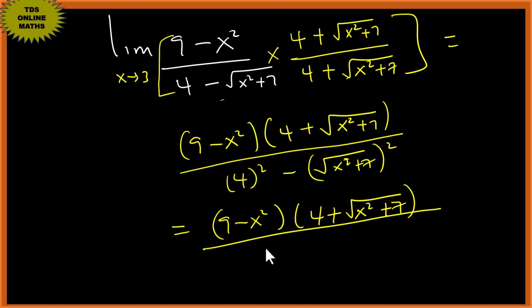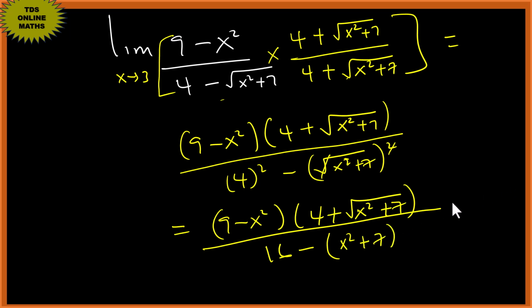So we have 16 minus, and I'll be very careful here because this negative is affecting this, so I'll introduce brackets. This one will cancel this, so x squared plus 7.